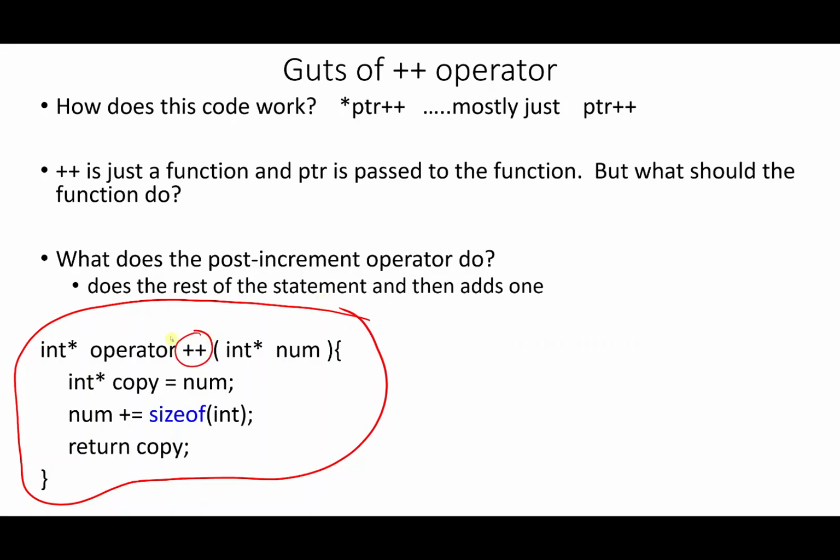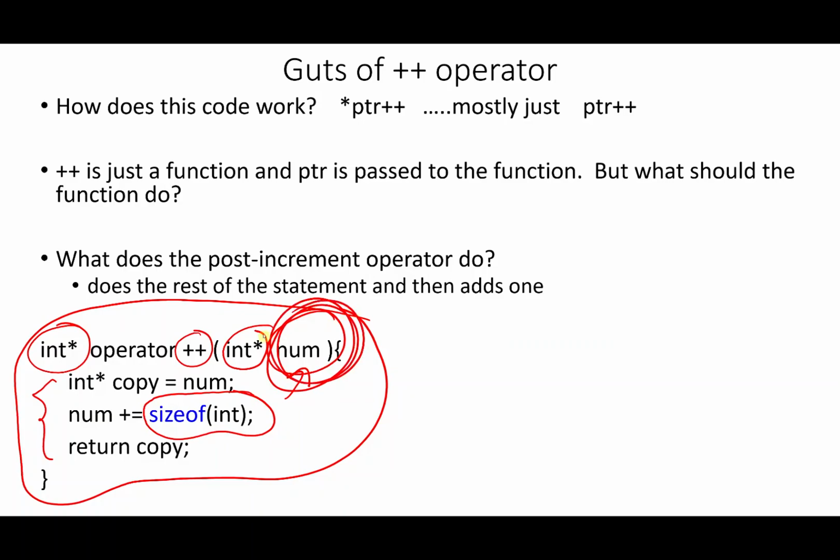It takes a pointer and it returns a pointer and does something inside. What it does inside is first making a copy of the address being passed, and then incrementing the original address by the size of int, and then returning the copy.